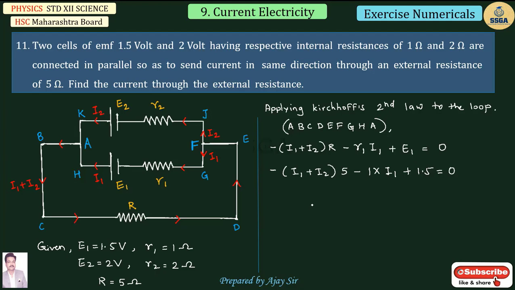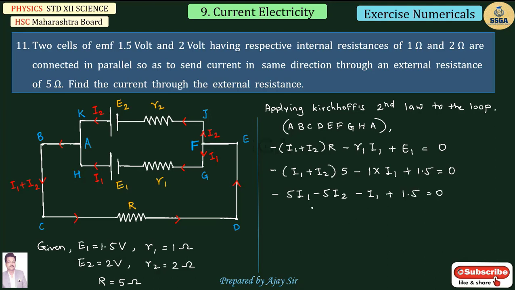So therefore let us solve this. Let us multiply 5 inside, the minus 5 I1, again this is minus 5 I2, so minus I1 plus 1.5, which is equal to 0.